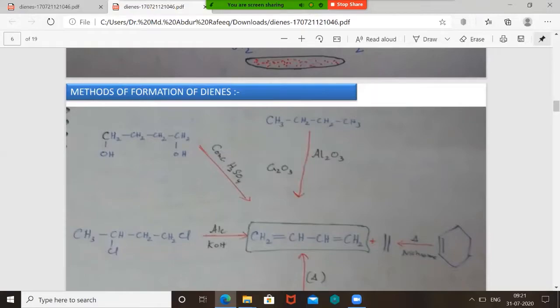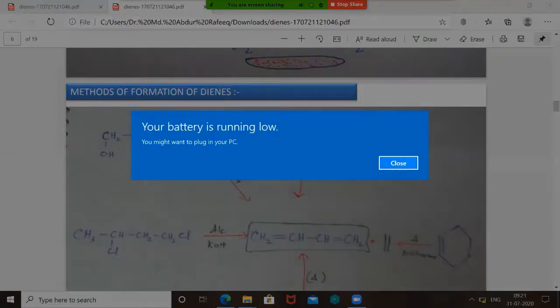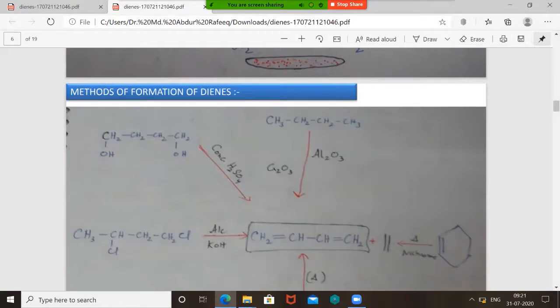Similarly, when butane is heated in the presence of alumina or chromium oxide, you get 1,3-butadiene.